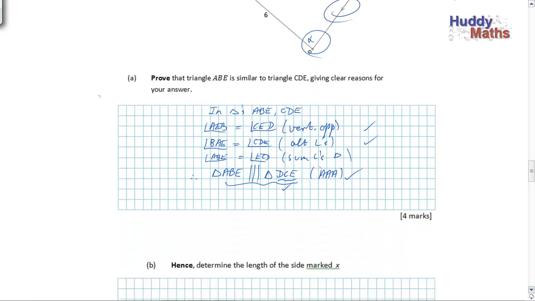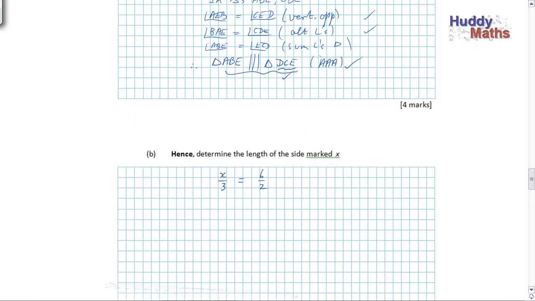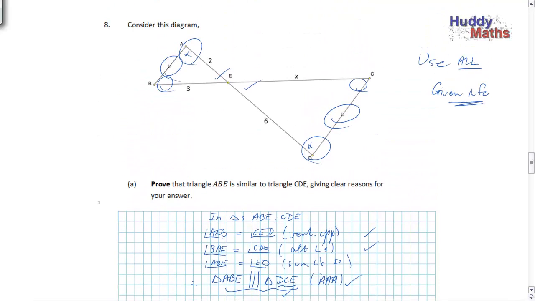Okay, come down now. Hence determine the length of the side marked X. Well, x over 3 would be equal to 6 over 2. Let's just go back up and see that. EC corresponds to BE. That's how you get that match up, okay? So that's important, matching up those sides.